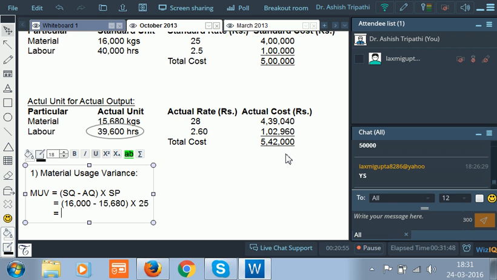So if we solve this, 16,000 minus 15,680 is equal to 320. So it will be 320 into 25. That will give you 8,000.